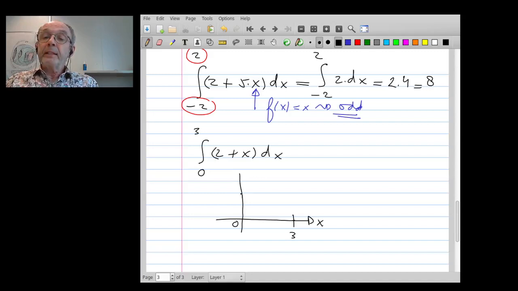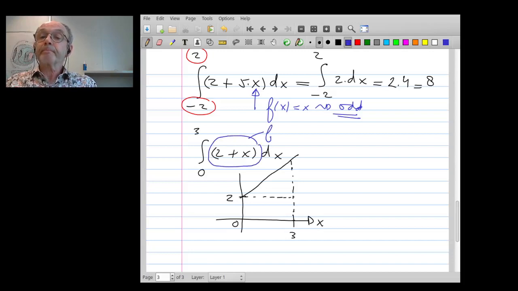If you fill in x is 0, you get 2 out of that function you have to integrate, and further on you have the function x. So this is the graph of your function you have to integrate. This is your little f, and here you see the graph of it.